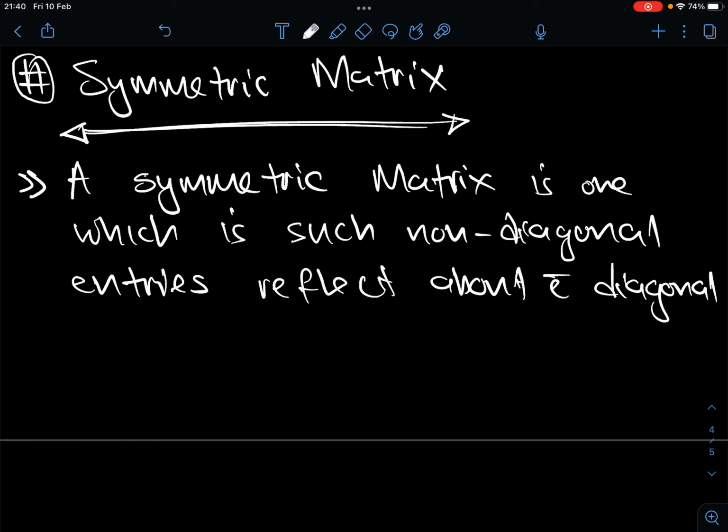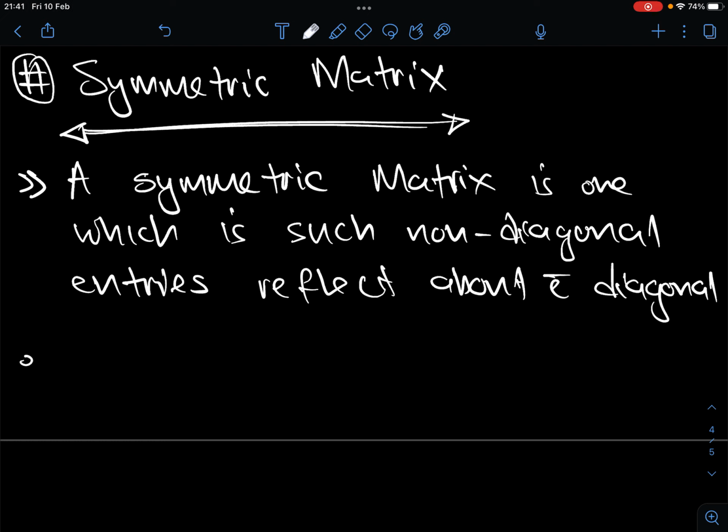How they are defined is that these are matrices which are such that if you look at the entries which reside not on the diagonal, they seem to appear like they reflect about the diagonal.